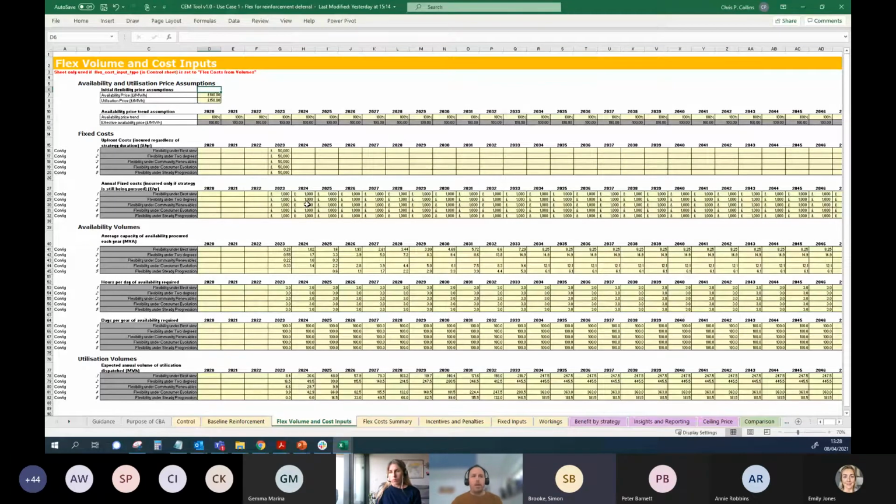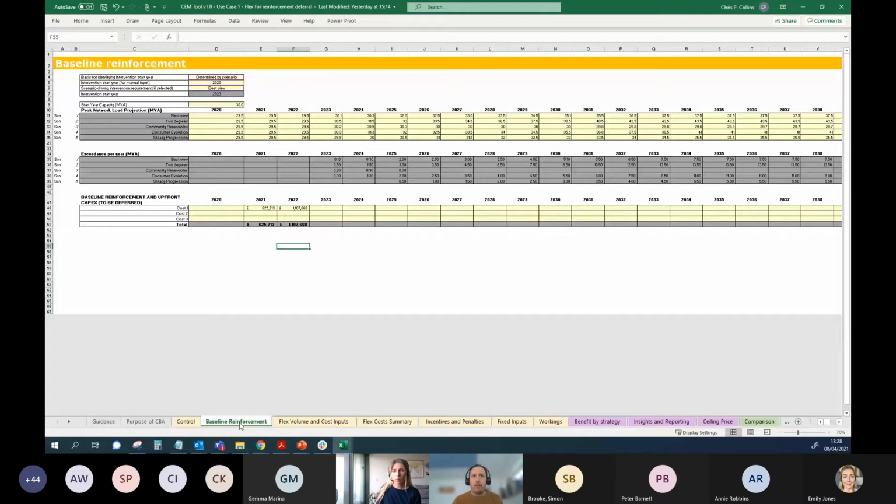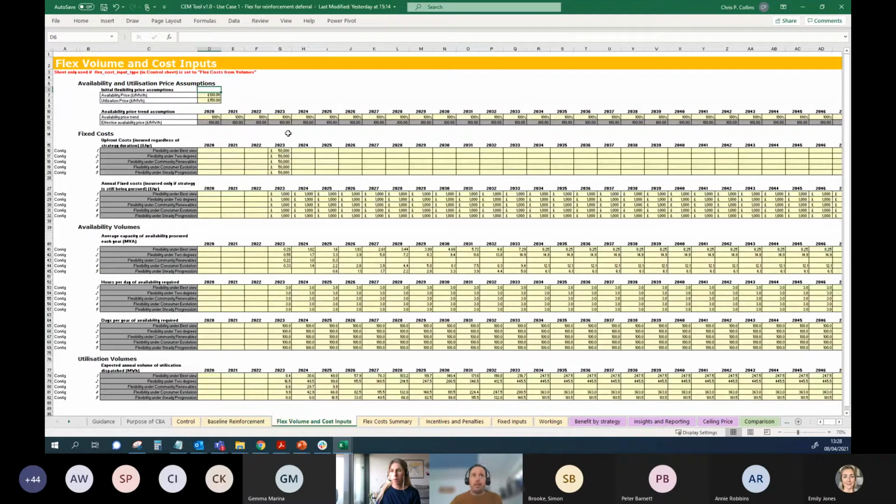Okay. So we've talked about the assumptions that went into the baseline reinforcement, so the upfront cost associated with reinforcing and the timing when that reinforcement is required. In terms of the flexibility, again, to restate that, the tool doesn't really tell you what the volumes and costs required will be.